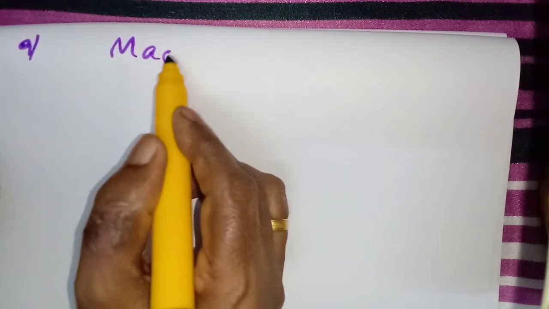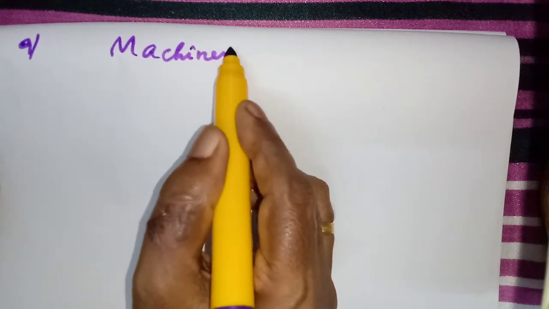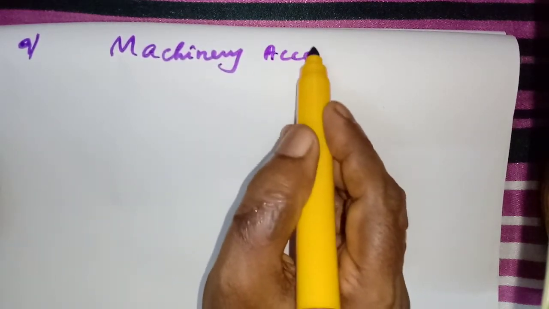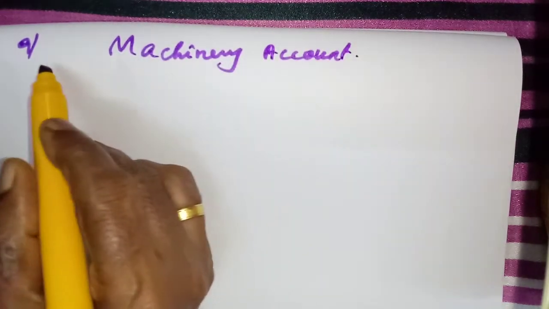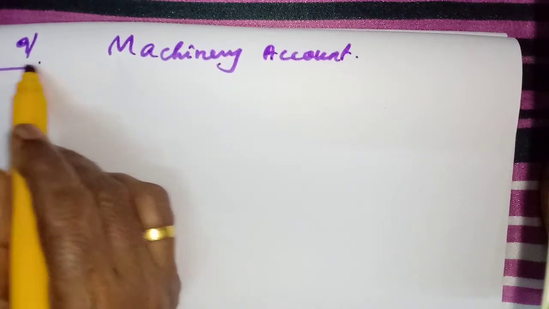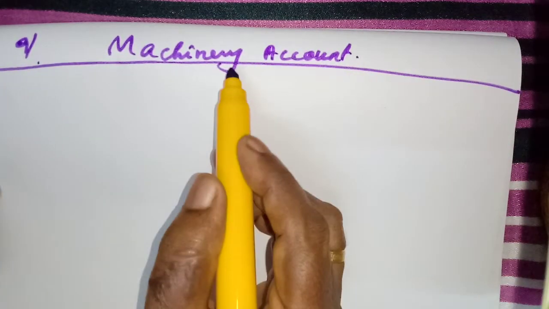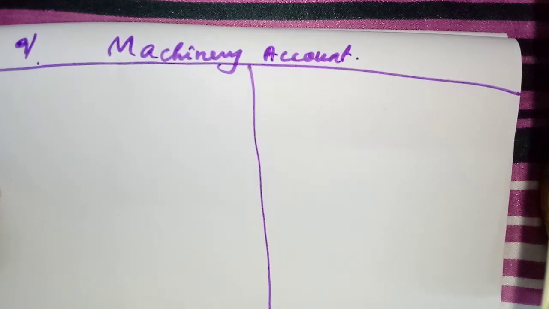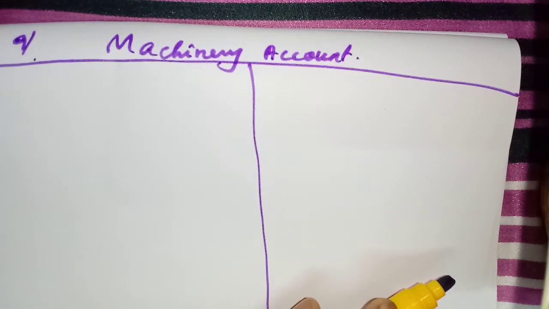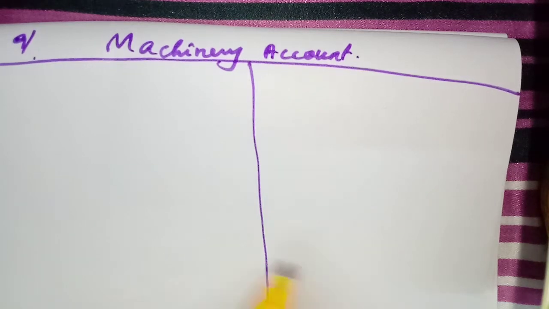So write the question number, number 9, isn't it? Machinery account. You use 2 pages for the account; we have to use both the pages. Machinery, when are they purchasing? 1st April, isn't it?